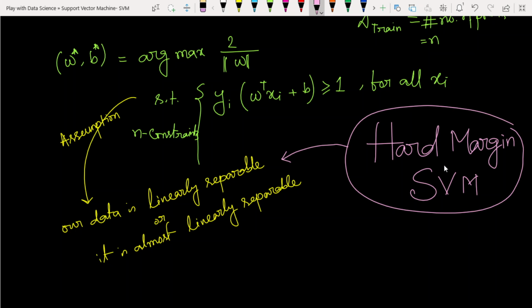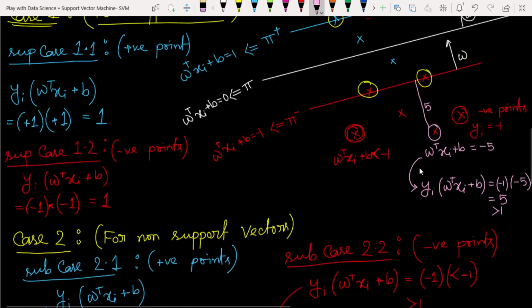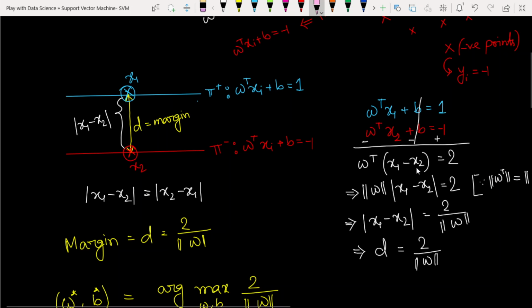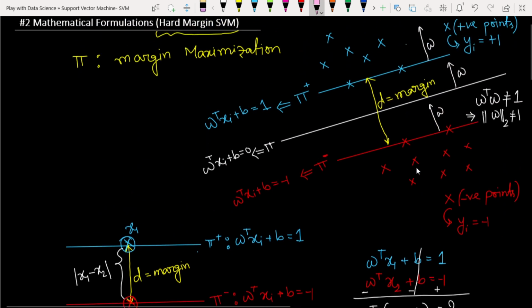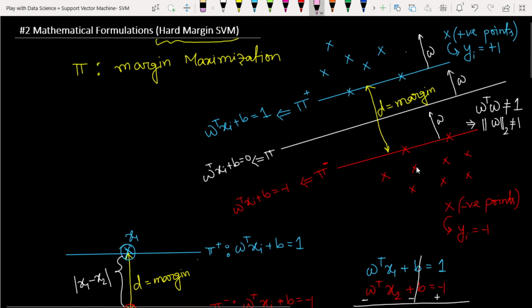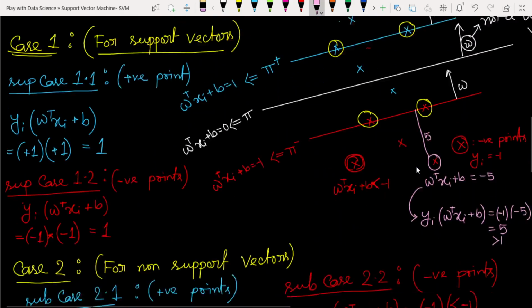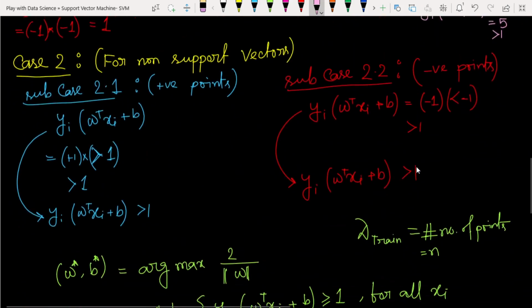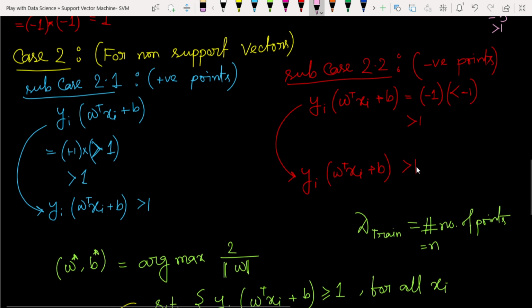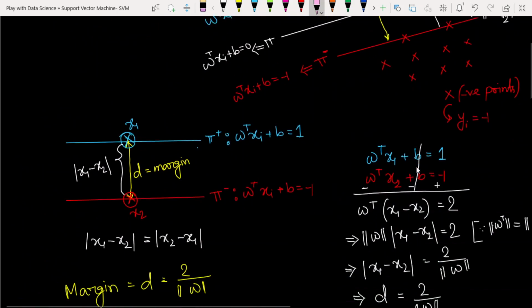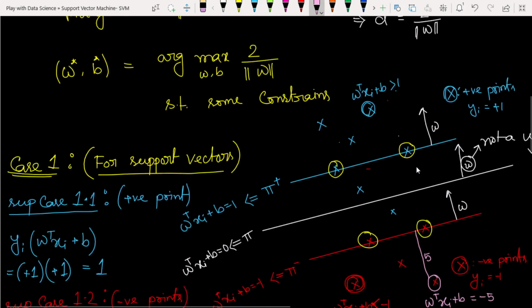Okay, I think till now all the concepts of hard margin SVM are clear to all of you. It is just a simple extension of logistic regression, nothing else. If you don't understand this concept, please revisit this, and I think then it will be clear. Okay, in the next lecture we will see the soft margin SVM.